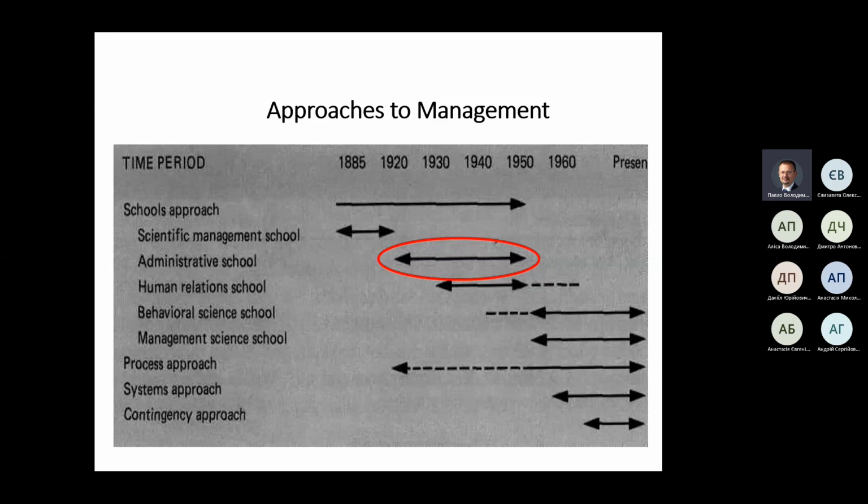Yes, every worker must perform the activities in the best way. However, and I presented this information last time, they didn't think about how to increase the efficiency and effectiveness of the managerial activities.